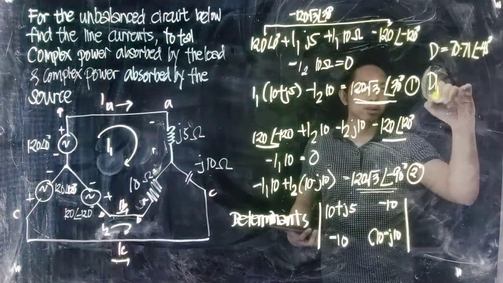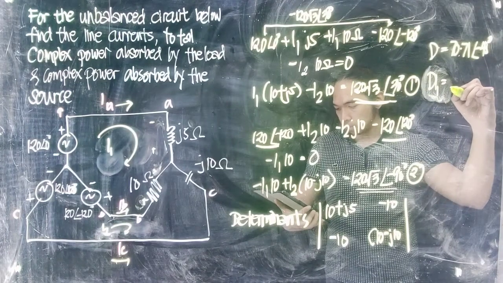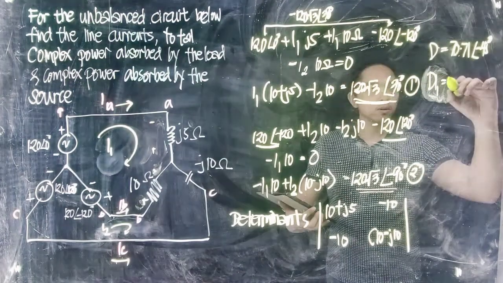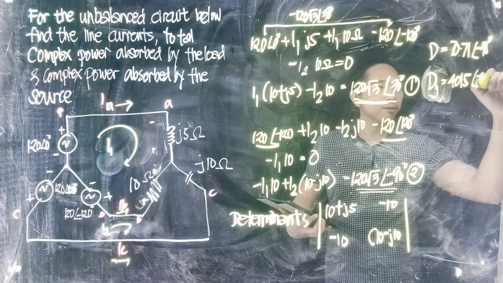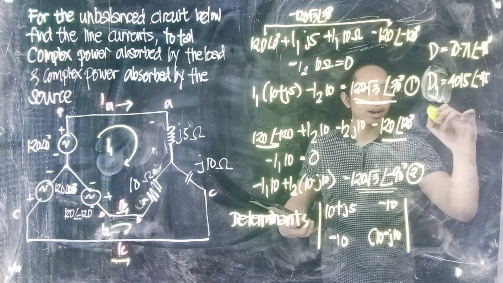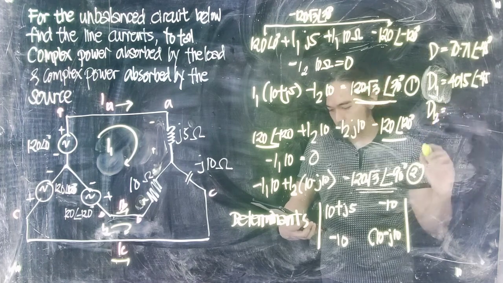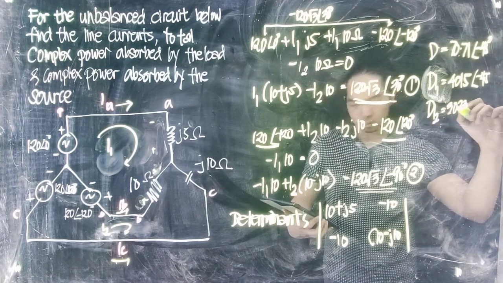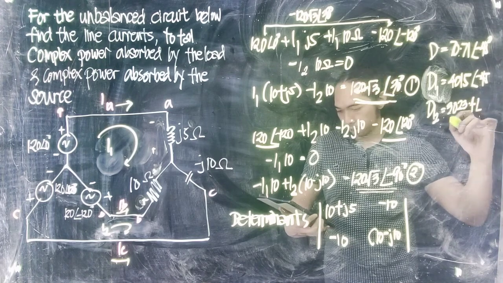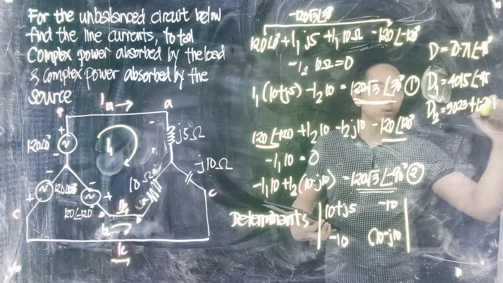So DI1 is equal to 4015 angle of negative 45, and DI2 is equal to 3023.4 angle of negative 20.1.